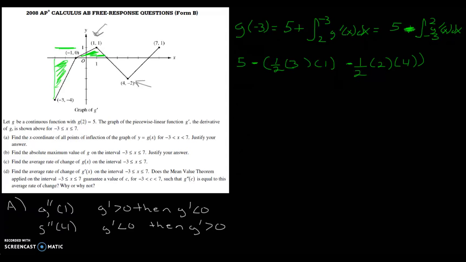So now we get 5 minus 3/2, minus, so it's going to be plus 4. So now we're going to get 9 minus 3/2, which is 18/2 minus 3/2, so it's 15/2.